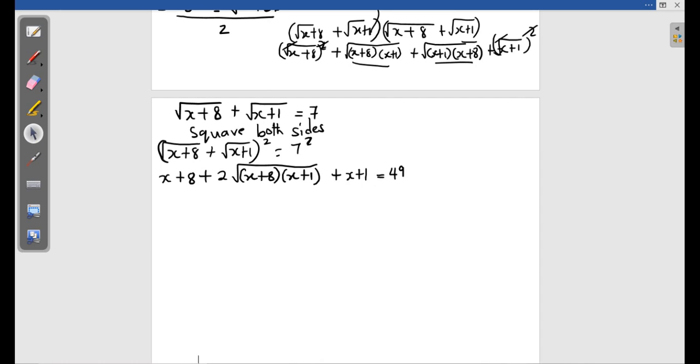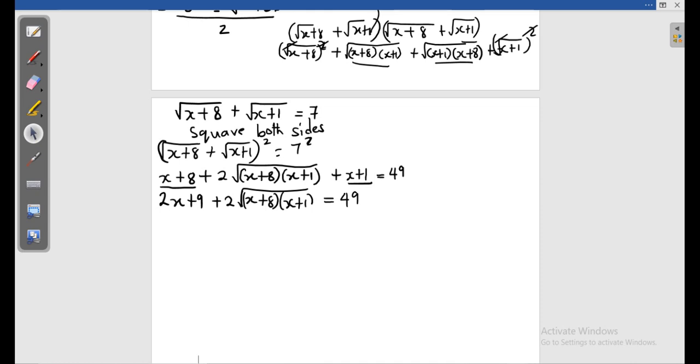So adding x plus 8 to x plus 1 will give us 2x plus 9 plus 2 roots x plus 8 times x plus 1 is equal to 49.